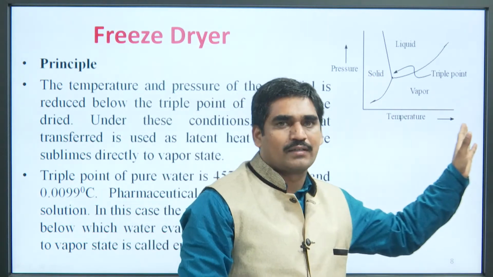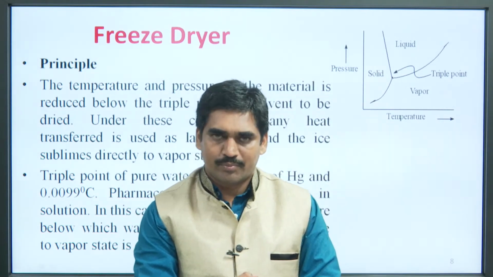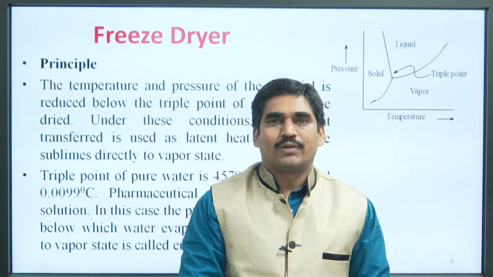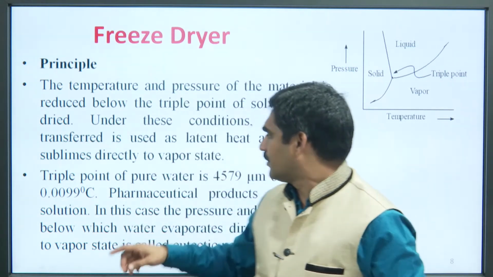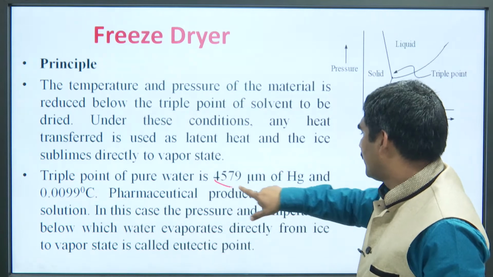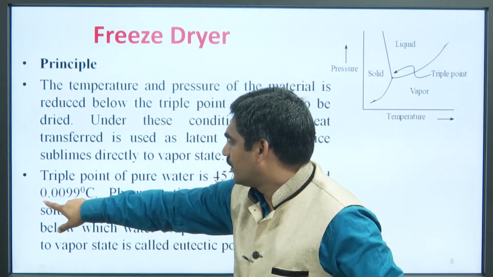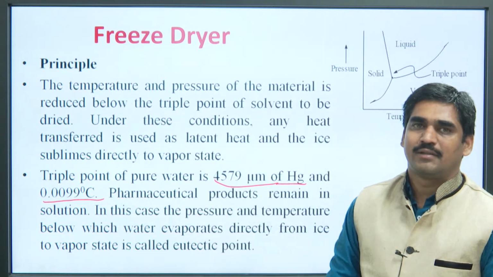That means solid is directly changing to vapor state. The triple point of pure water is 4579 micrometers of mercury at 0.0099 degrees Celsius.